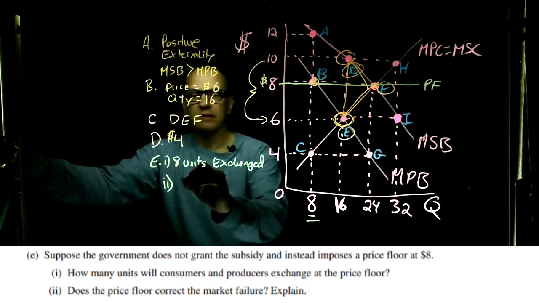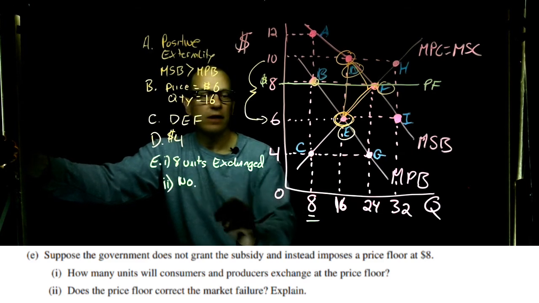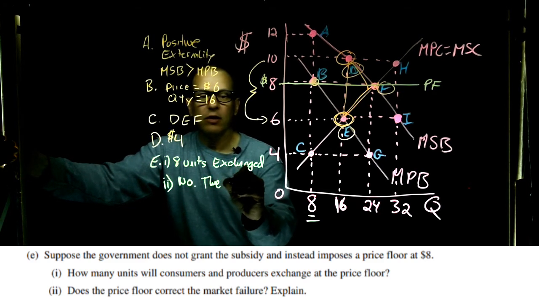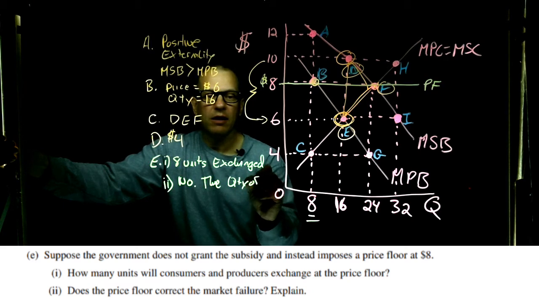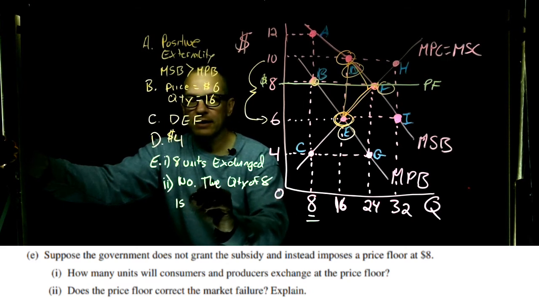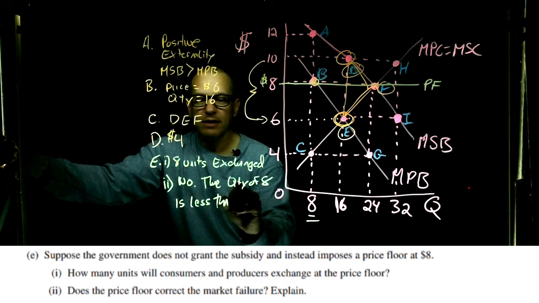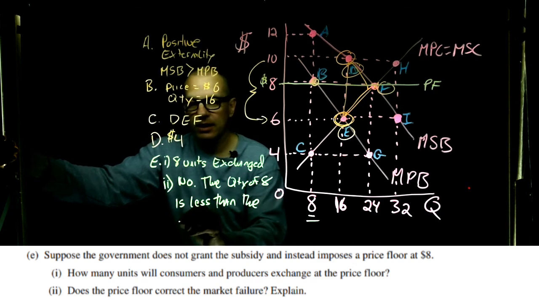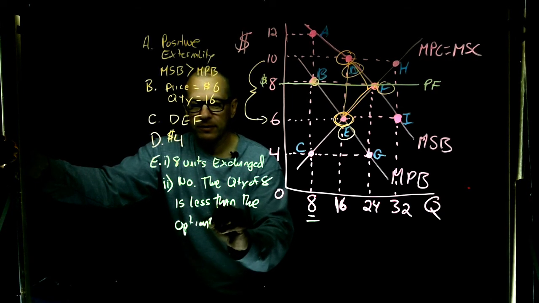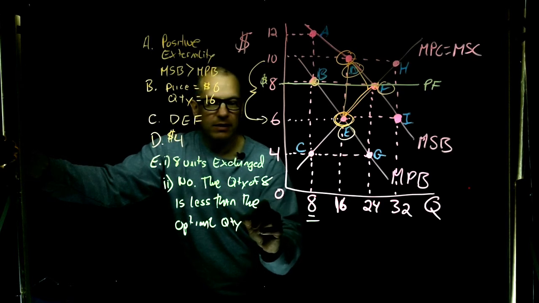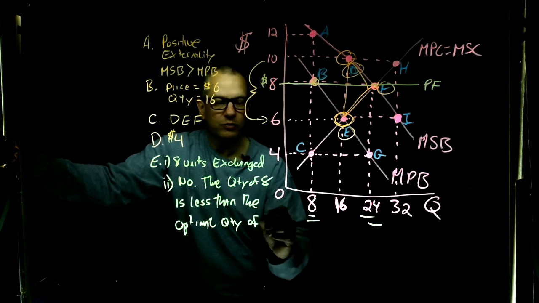And no, it doesn't. The quantity of 8 is less than the optimal quantity, which would be 24.